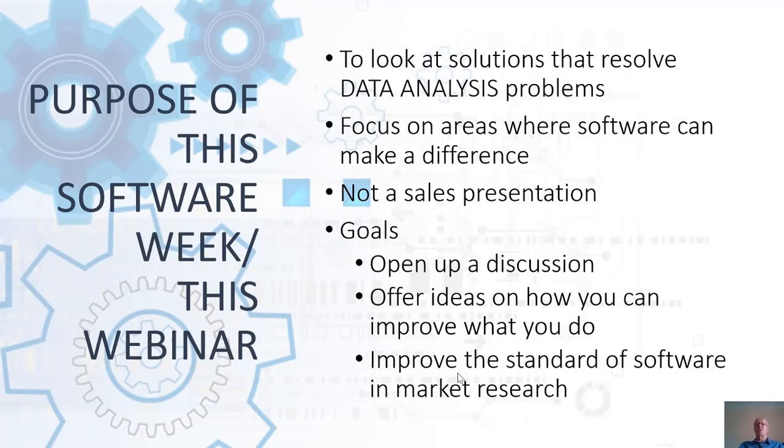But I still think it's got a lot of room for growth and improvement. The more research agencies demand of companies like us and others to get software in the right form so it makes their whole processes efficient, the more the market research industry as a whole can compete with other industries that are close or related to market research.